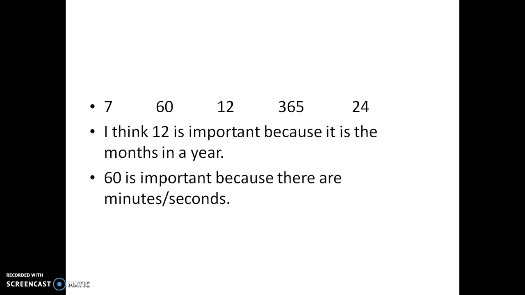So the first statement goes, I think 12 is important because you can write the number of months in a year. The next one says 60 is important because there are 60 minutes in an hour or 60 seconds in a minute, which is why I have just written it simply as minutes/seconds.